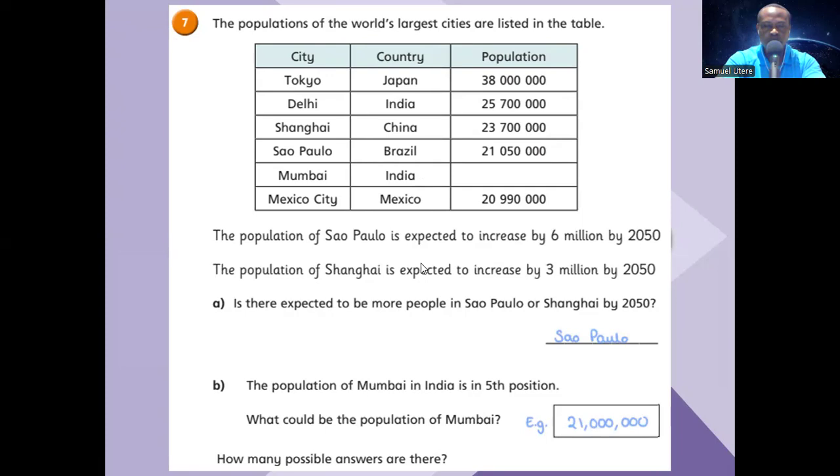The population of Sao Paulo is expected to increase by 6 million by 2050, and the population of Shanghai is expected to increase by 3 million by 2050. So the answer should be Sao Paulo, because if you add 6 million to what you already have here, that should be greater than Shanghai.